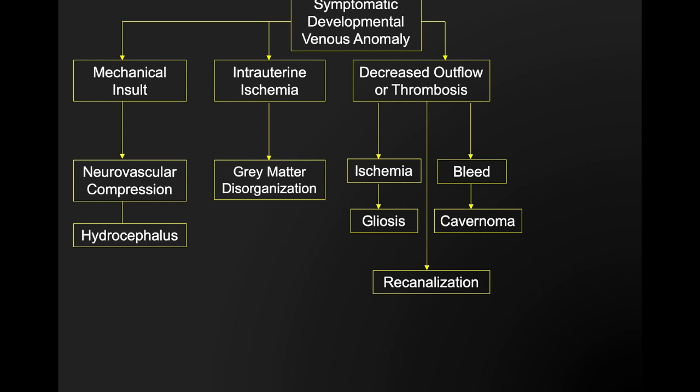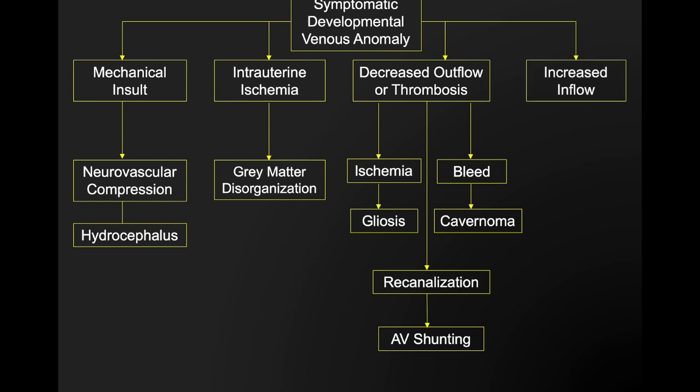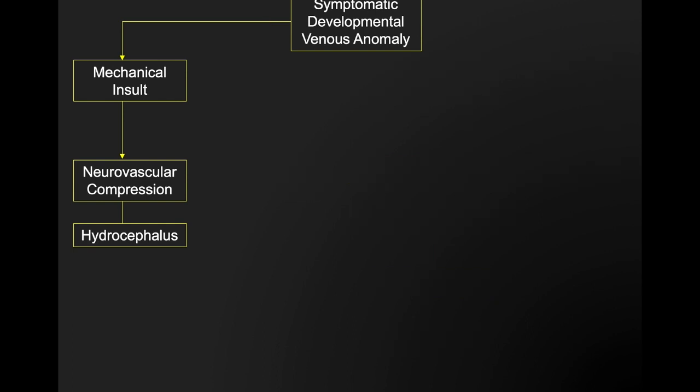DVAs that are thrombosed can then recanalize, and sometimes this can cause arteriovenous malformation development. And then in some cases, you actually have increased inflow to a DVA. So for example, if a DVA is draining a brain AVM or is in the territory of a high flow dural arteriovenous fistula, and this can cause ischemia or hemorrhage. And I'll show you nice examples of each of these.